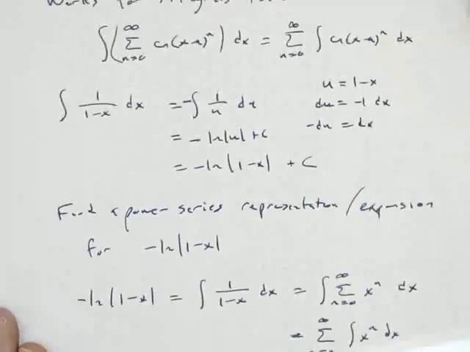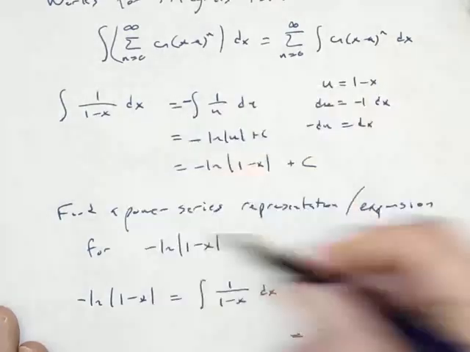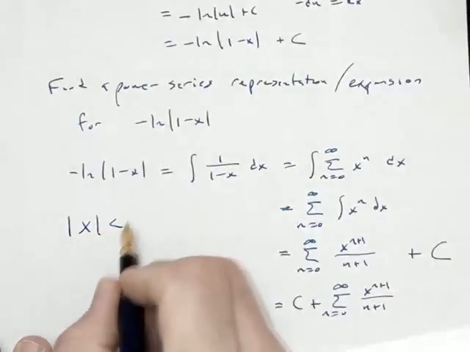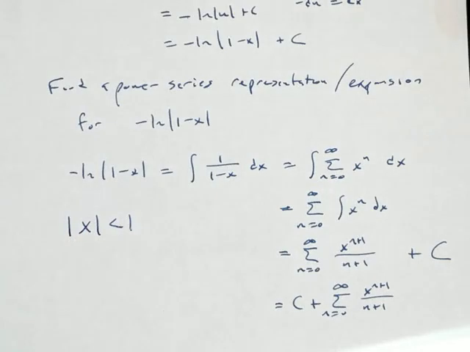Wait a second. What's my interval of convergence for this thing? I can't use 2. I can't use 1, that's not in there. Let me use something easy. Let's use 0.